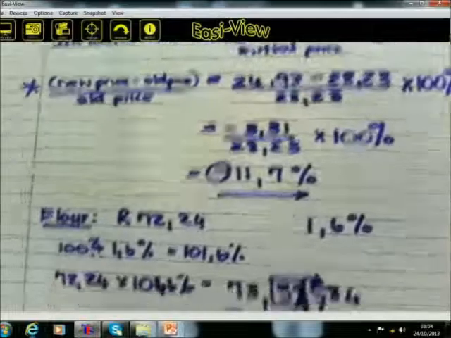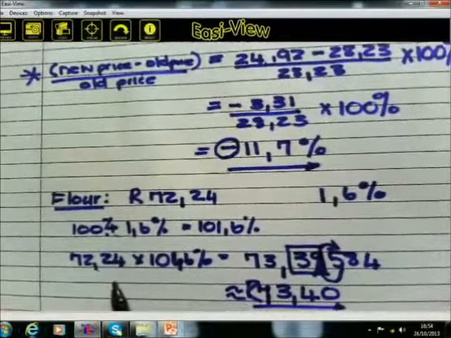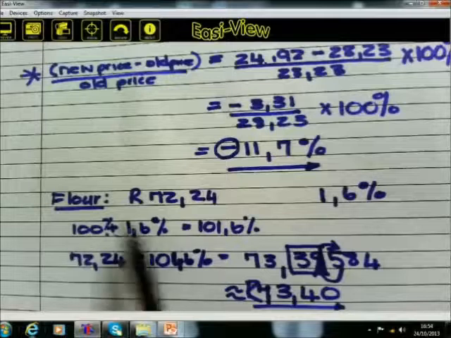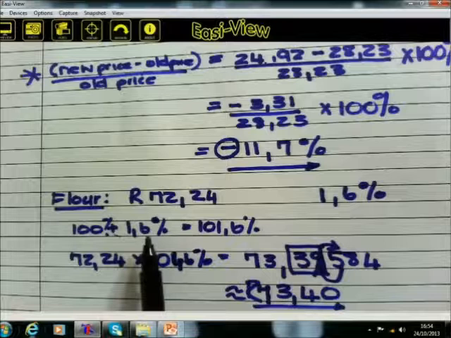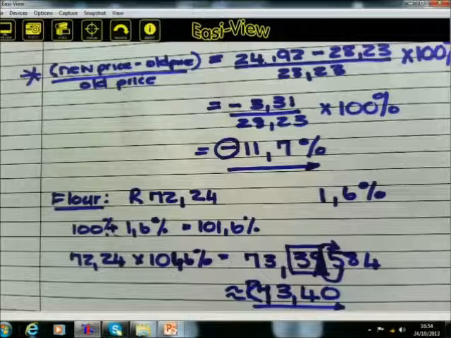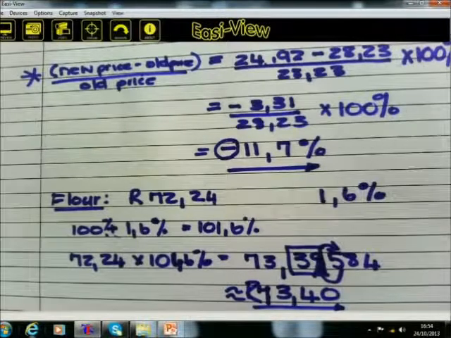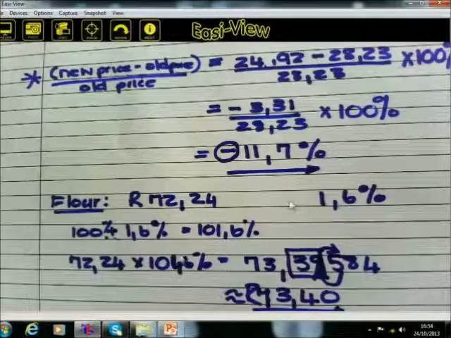And then, similar to the house, if inflation is added, I can either calculate the 1.6% first and then add it, or add it to the percentage, and I found my value. Remember to round your answers to 2 decimals. Right, we continue.